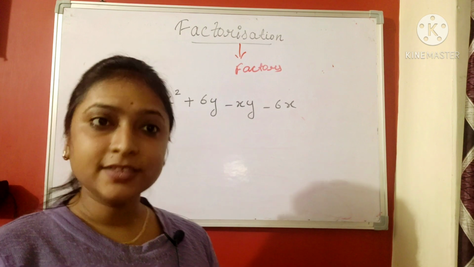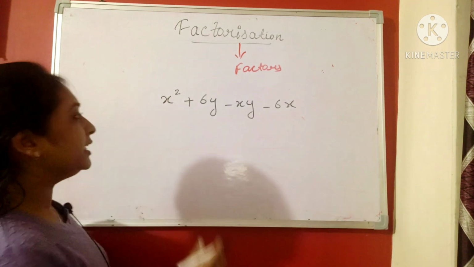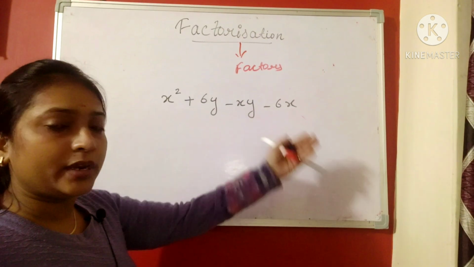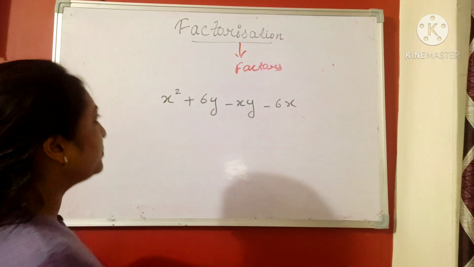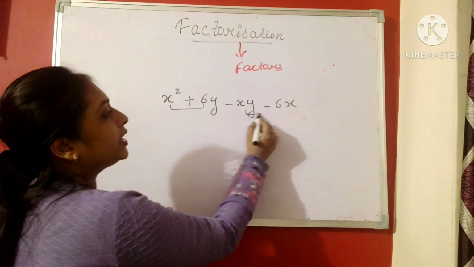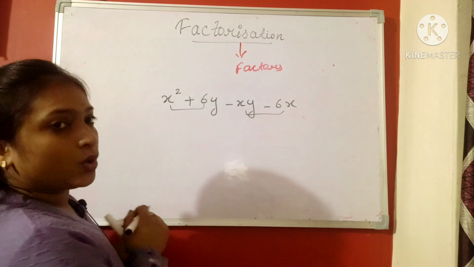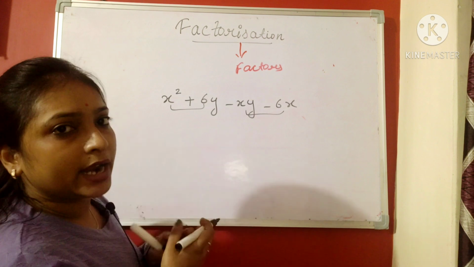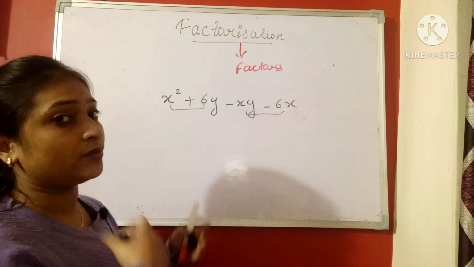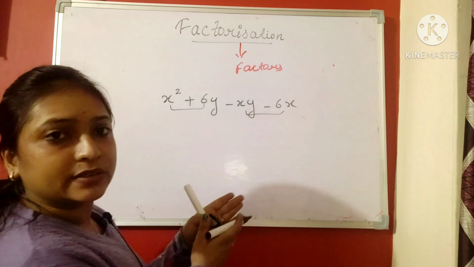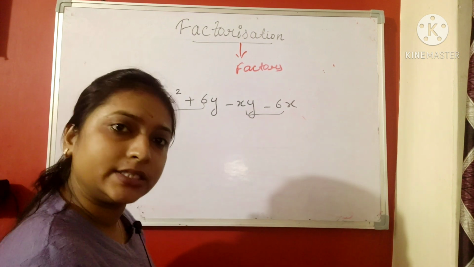Last but not the least, let us come to this question. In this expression we cannot take things common in the entire expression together. Now if we try to group, we cannot take out common in these two terms. So we have to shift here and there and make adjustments. I have already told you there is no hard and fast rule to make the pairs. We work according to our intellect.